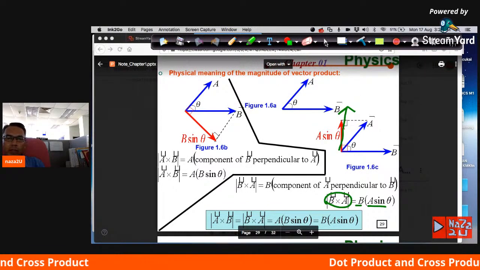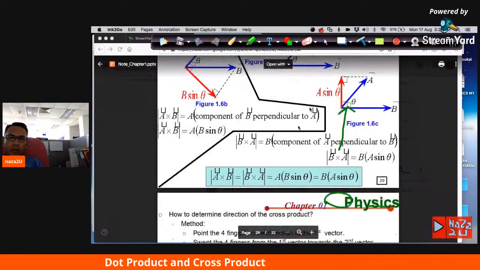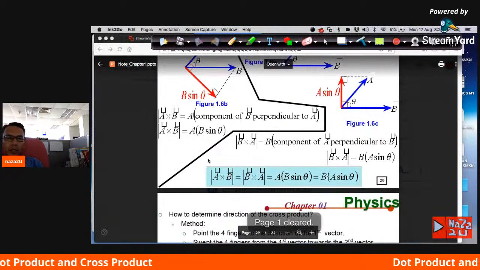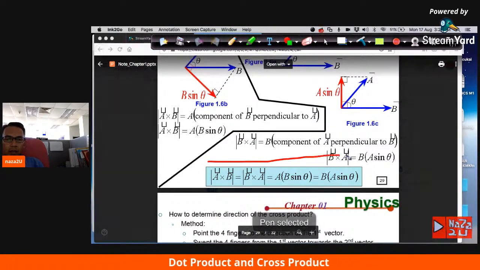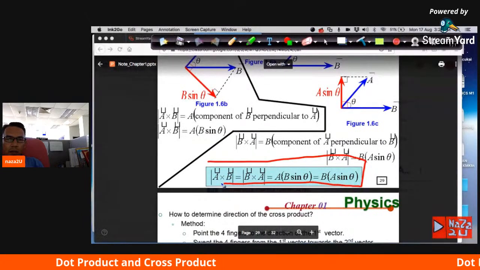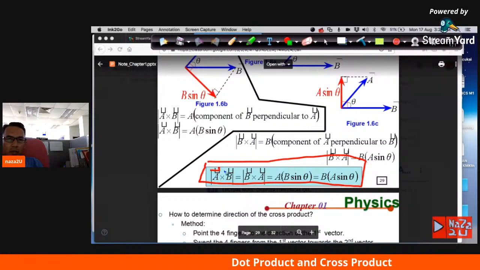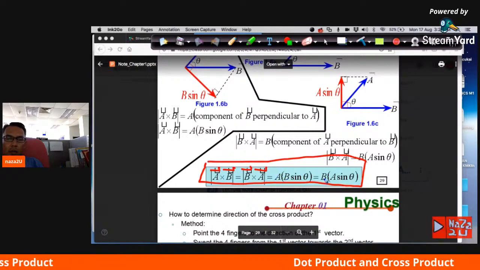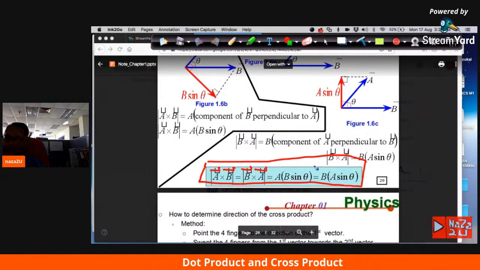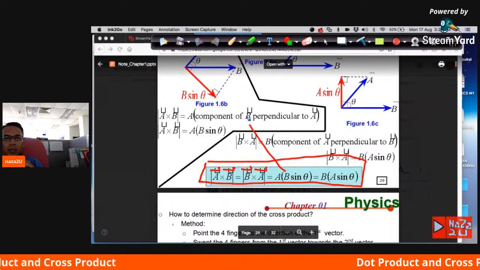And in the final equation, you can see this is A cross B or B cross A. So this is the equation: vector A cross vector B is equal to vector B cross vector A is equal to A B sin theta or B A sin theta. So you can see this is B sin theta here and this is A sin theta here.